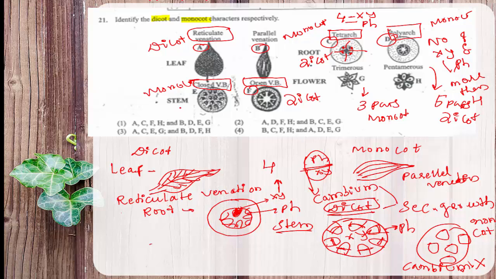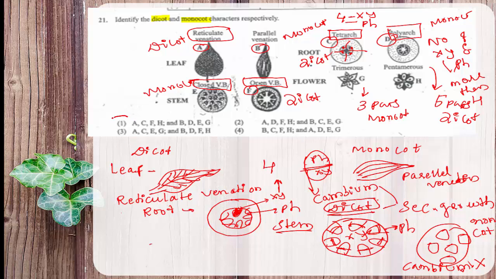So with respect to this, A is a dicot character, C is a dicot character, F is a dicot character, H is a dicot character. So B, D, E and G are the characters of monocot.